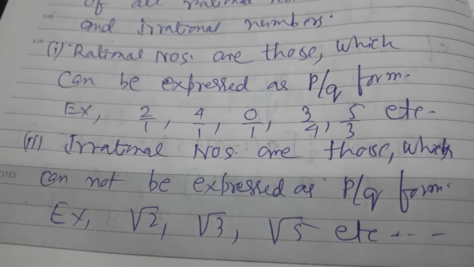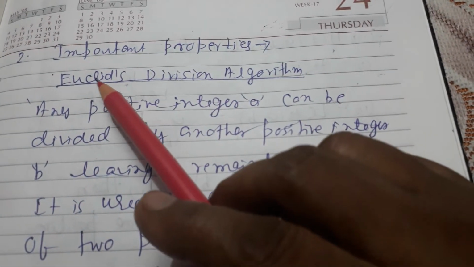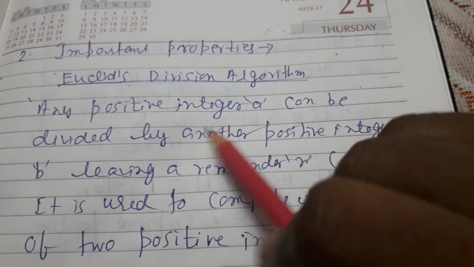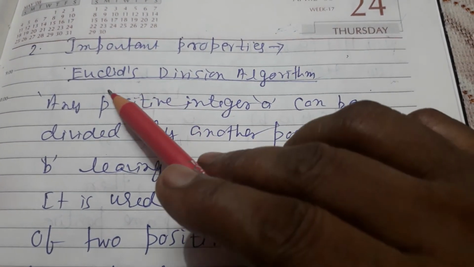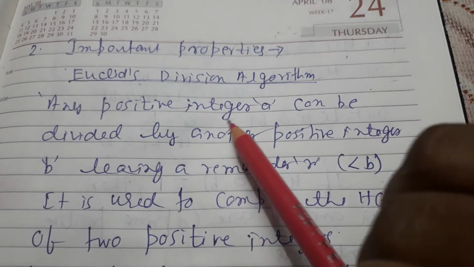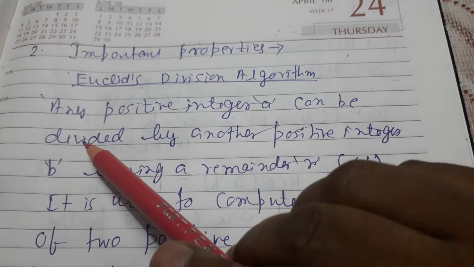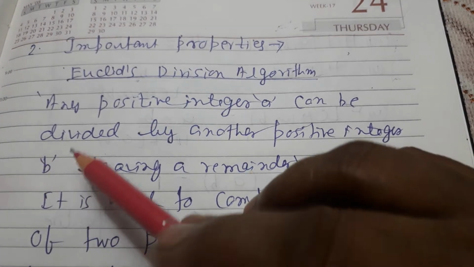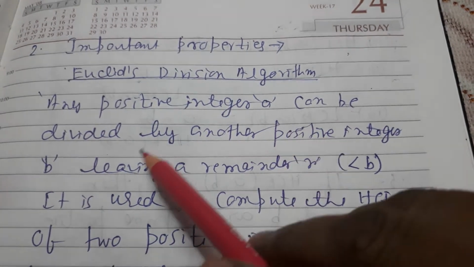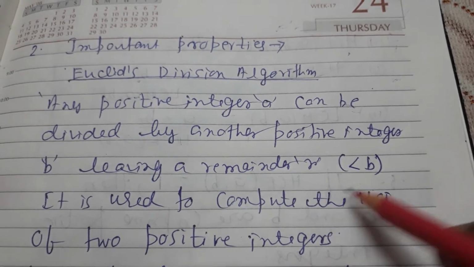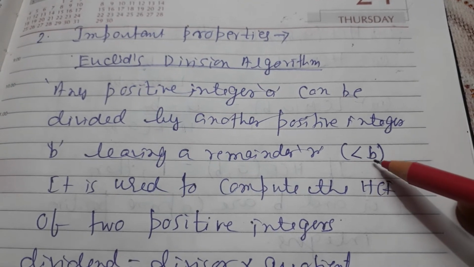are the irrational numbers. Now number 2, important properties in which real numbers are involved, mainly Euclid's division algorithm. We will start with the exercises, where Euclid's division algorithm will be used. Any positive integer a can be divided by another positive integer b, leaving a remainder r, and r must be less than b.